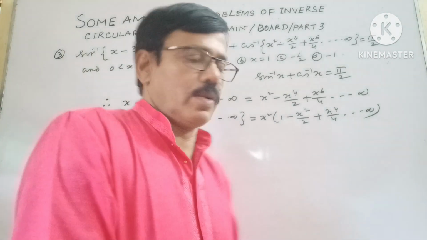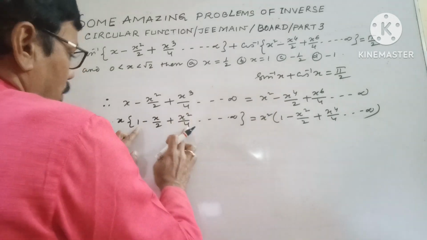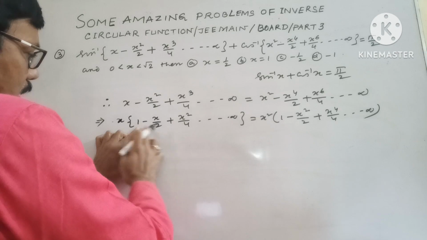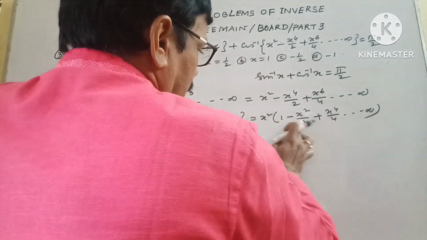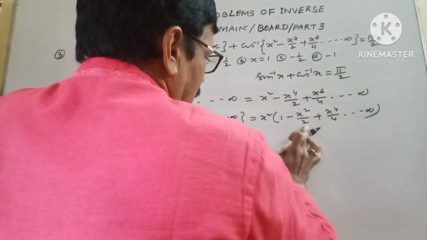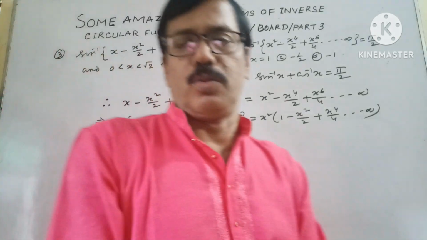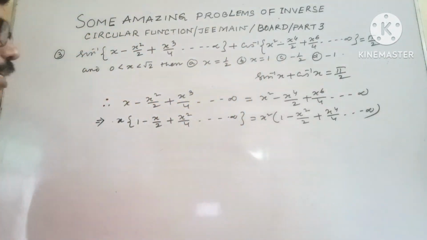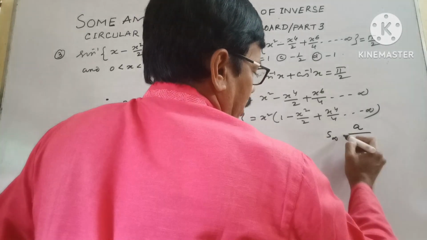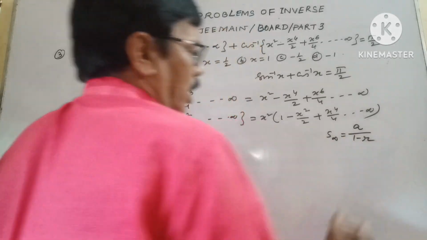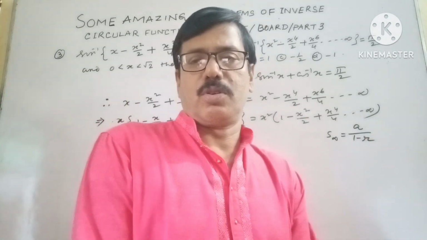Now look, this is 1 minus x by 2 plus x square by 4. The ratio is minus x by 2, and here also minus x square by 2. So this is an infinite GP series. What is the formula? Sum to infinity equals a by 1 minus r, where a is the first term and r is the common ratio.